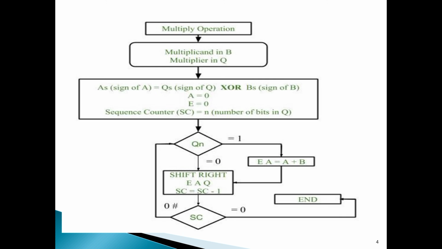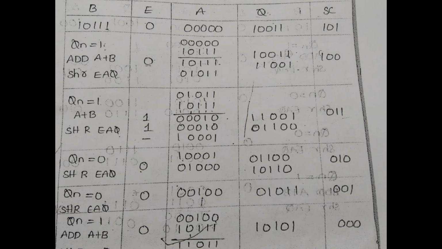Then check the sequence counter. Before, the sequence counter is 5. After decrementing, what is the sequence counter? 4. This process continues until the sequence counter equals 0. So let's go to the example point of view.